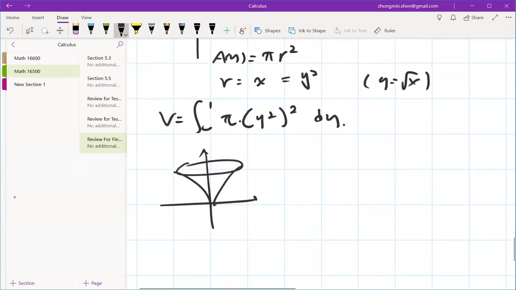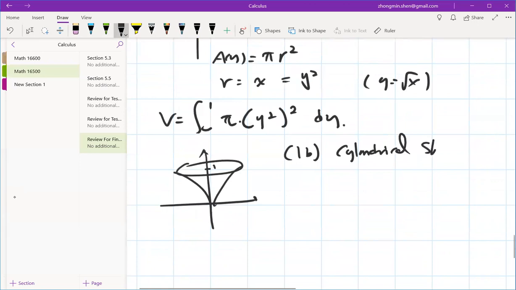This is a picture. Let's use cylindrical shells. The solid is this.